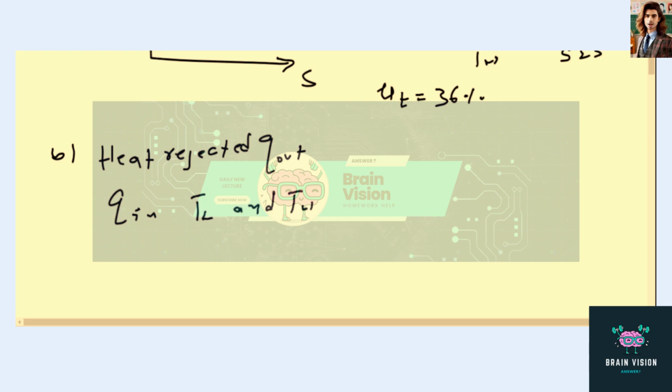From the diagram we can see that the heat input is equal to the enthalpy of evaporation at the high temperature. So Q in is equal to HF, and that is equal to 1715 kilojoule per kilogram.